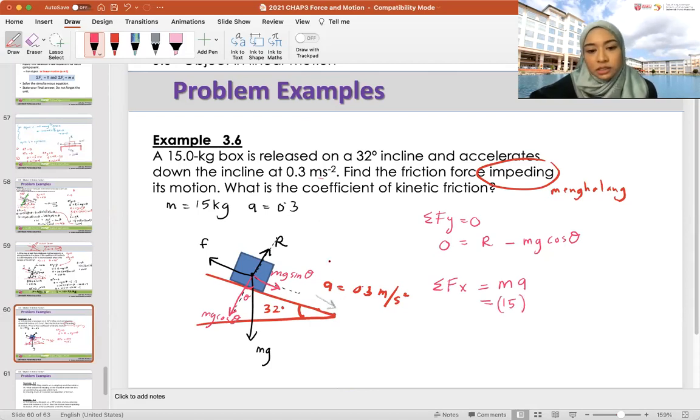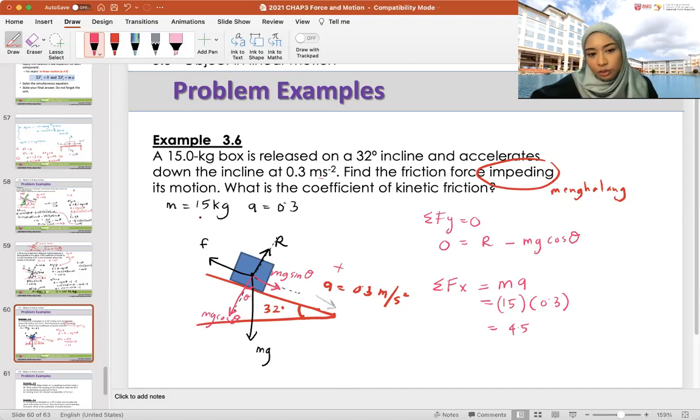I'm going to assume this is my positive side. So it is 0.3. So this is my force in the x. 15 times 0.3 is 4.5. So you know that your net force in the X is 4.5.